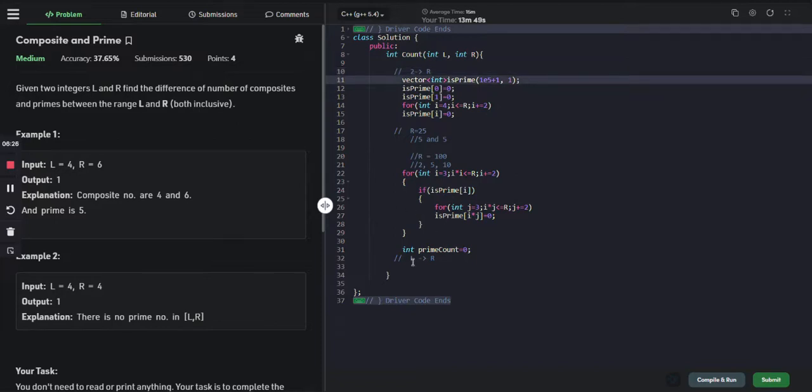So definitely L to R will be a subset of 2 to R, right?